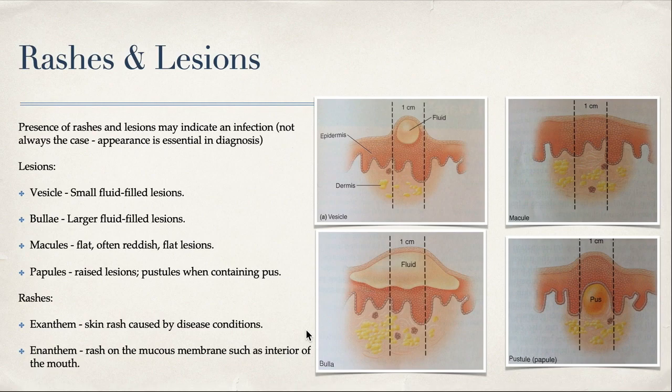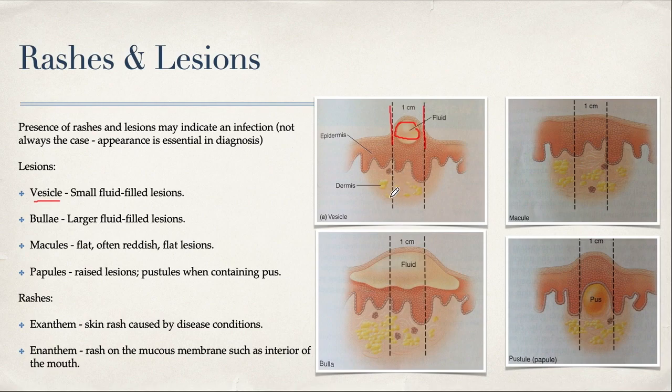If we look at the types of lesions that we have, you have those described as vesicles, which are small fluid-filled lesions. So this is a vesicle. You see the fluid there. It's very limited in terms of the area that it covers, just about 1 centimeter.